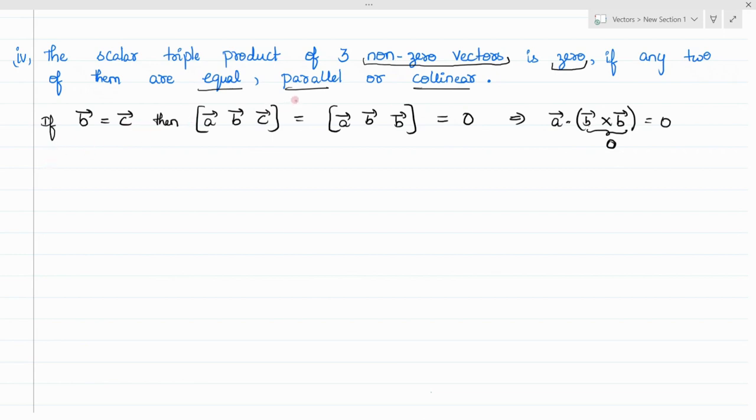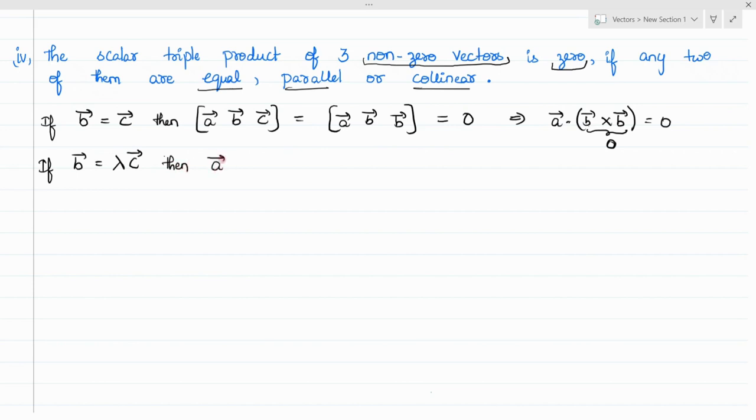Next, if the two vectors are parallel or collinear, what does it mean? It means that B vector is equal to some lambda times C vector. This is the property of parallel or collinear vectors, right?